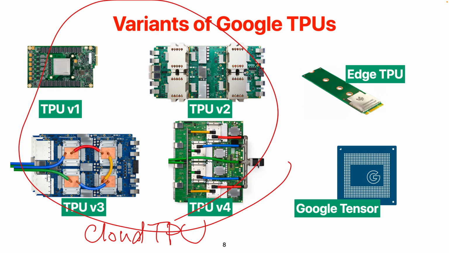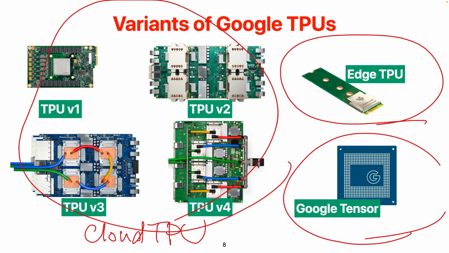And the rest of them fall into the category of edge TPUs. The reason why they named them edge is probably because of the term edge computing, right? And edge computing, I personally feel this is a very interesting term, because people typically refer to edge computing as mobile computing.